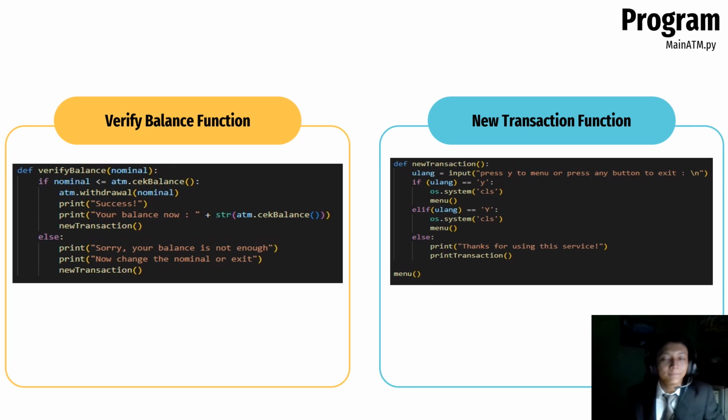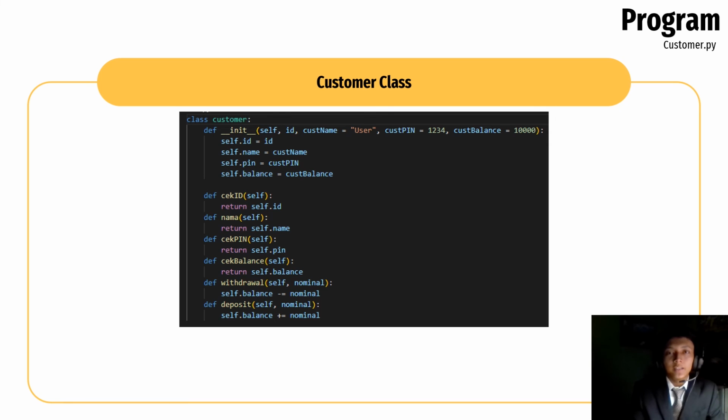Okay, that's it. Next I will explain the customer class. This class contains the init function that can accept arguments in the form of ID, name, where the default is user, customer pin, which is 1234, and customer balance of 10,000. The names of the parameters are ID, cash name, cash pin, and cash balance.